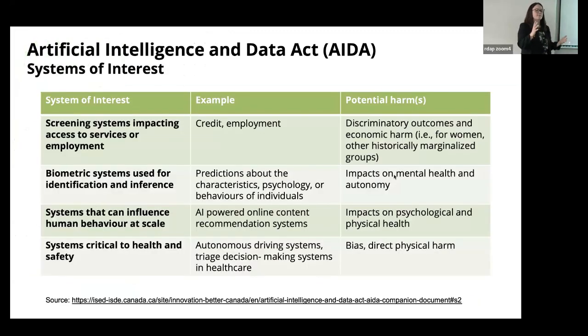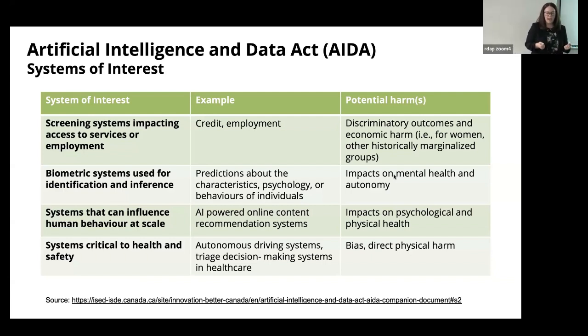So what kind of systems are we talking about? Well, AIDA has an accompanying document that gives you a sense of the types of AI systems of interest here. Those are bolded in this first column, just to give you a quick snapshot. For example, high-impact systems may be those that provide screening or impact people's access to services or employment, including credit.